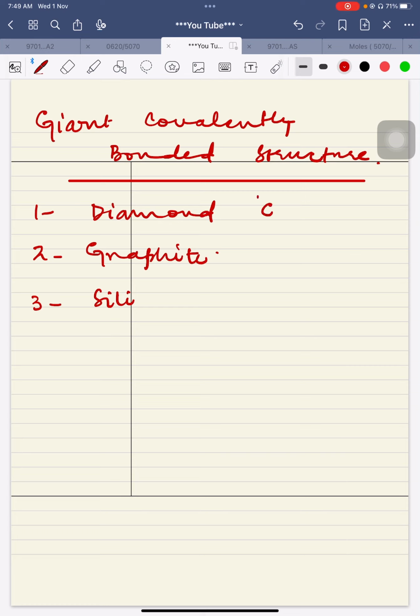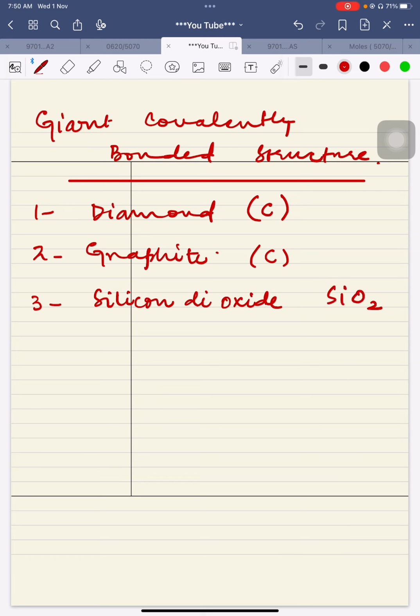Diamond is chemically formulated as carbon. So if anyone says that diamond is reacting with oxygen, it means that carbon is reacting with oxygen. Diamond burning in the presence of oxygen means carbon is reacting with oxygen. Graphite burning in the presence of oxygen, we will say carbon is reacting with oxygen. So diamond and graphite are both made up of carbon, whereas silicon dioxide is made up of SiO2.